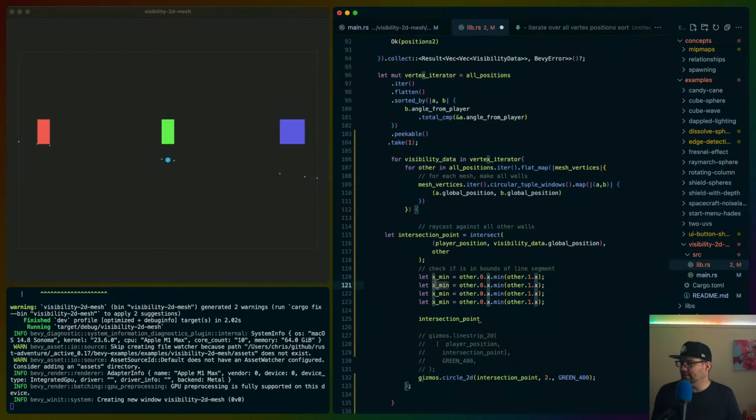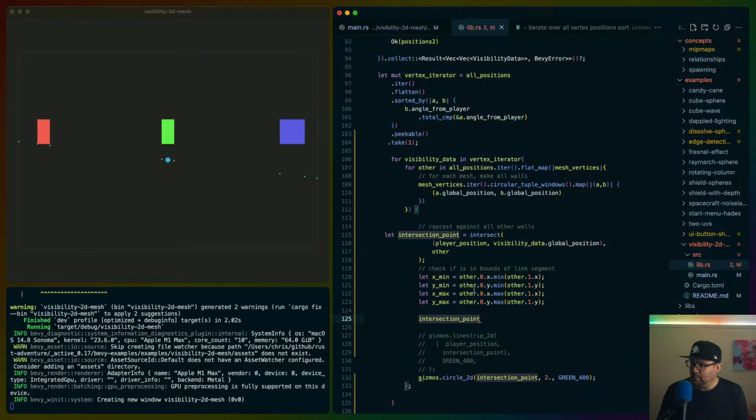And if we write this in the painfully manual way that I'm about to do, then this will become the x min, y max, x max, y max. Okay.